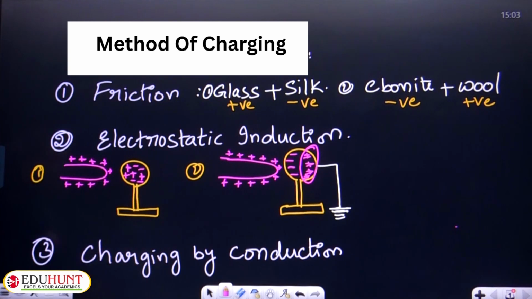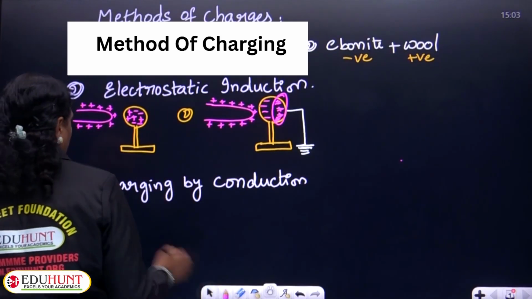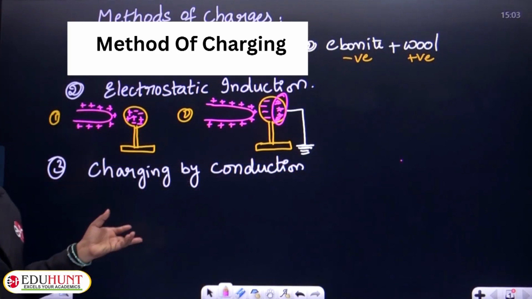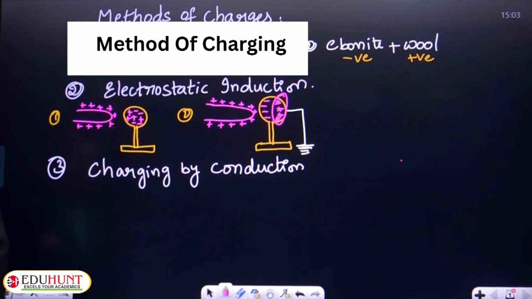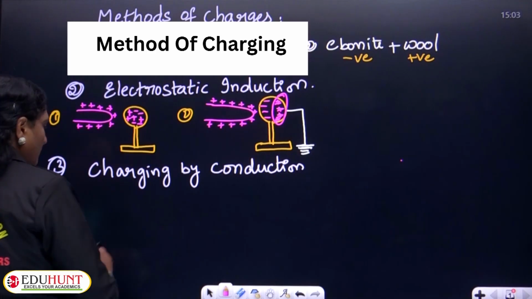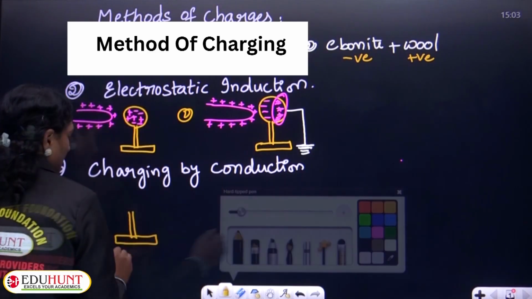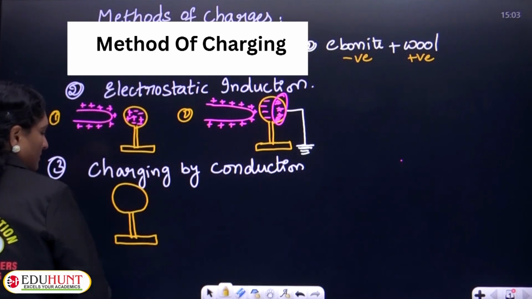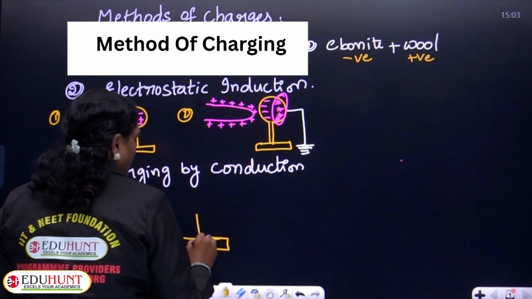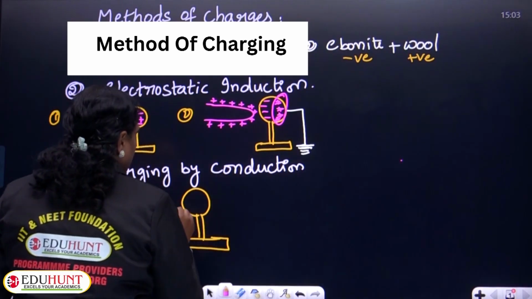But in the method of charging by conduction, two bodies are kept in contact with each other, one uncharged and the other charged. This is your uncharged body, and this is your charged body. Let us suppose that this is charged positively.